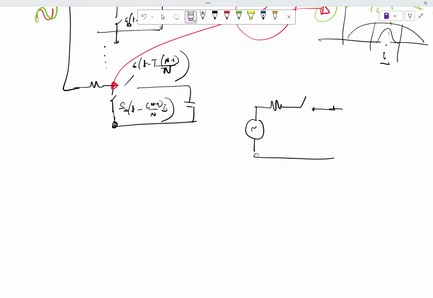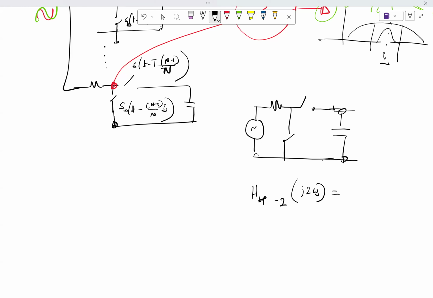So what will be H_LP,-2 of j 2 omega_s? Will it be 0 or will it be non-zero? It will be non-zero. It is observing at DC, right?